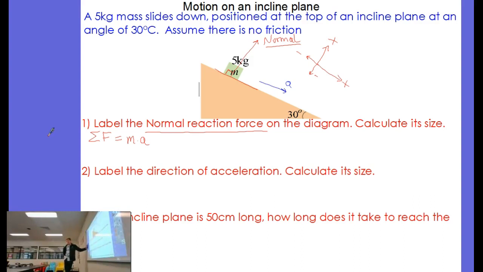Anything involving forces, you always start from Newton's second law. Okay, now, can we conclude anything about maybe one part of that Newton's second law? Like for instance, the right-hand side. Overall, what do you think this should be equivalent to?